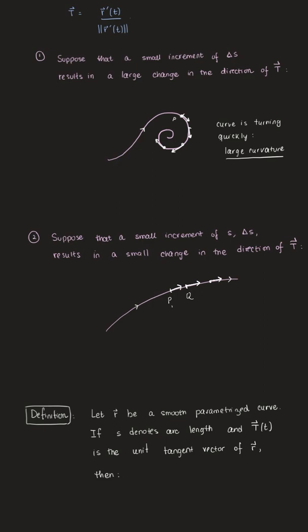But for the same small interval along our curve, I have a very slight change in the direction of our unit tangent. And when we have a slight change like this, we say that the curve is turning slowly, and that will result in a small curvature.